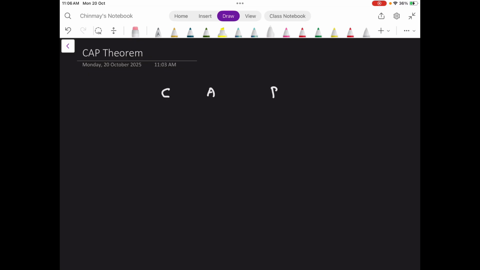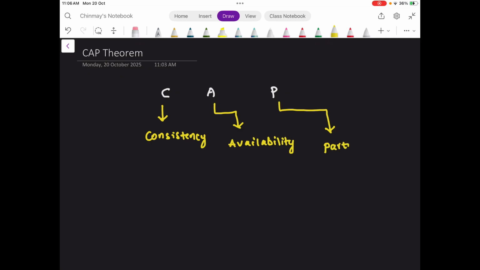CAP theorem. In the CAP theorem, C indicates consistency, A indicates availability, P indicates partition tolerance.